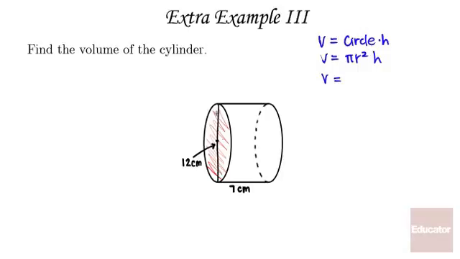This right here is not the height of the cylinder. Since we know that this is the base and this is the base, the height is always going to be the distance between the two bases. So from circle to circle, that's the distance. So this is actually the height.